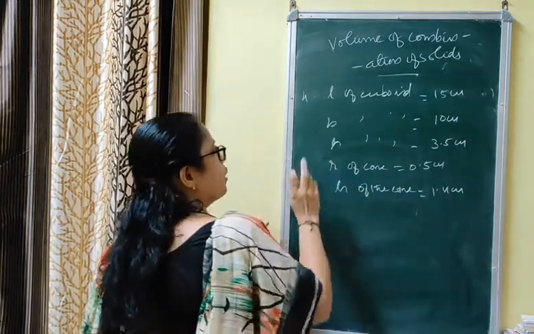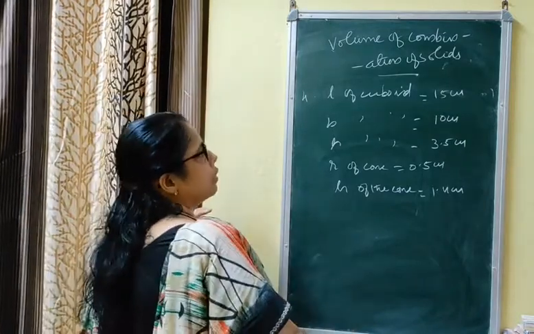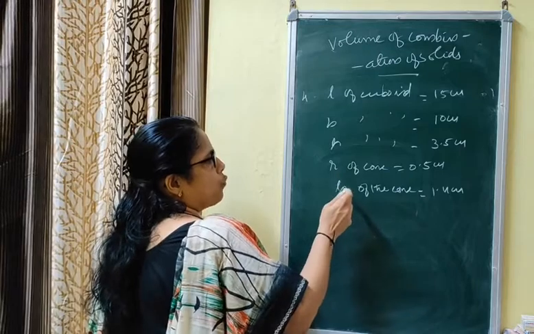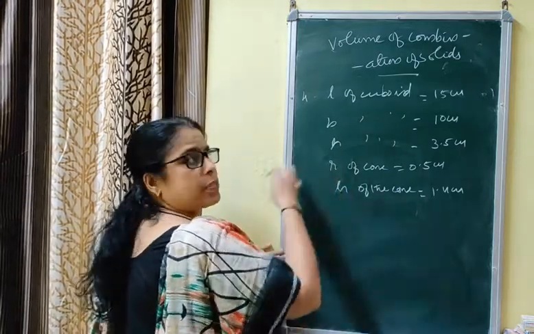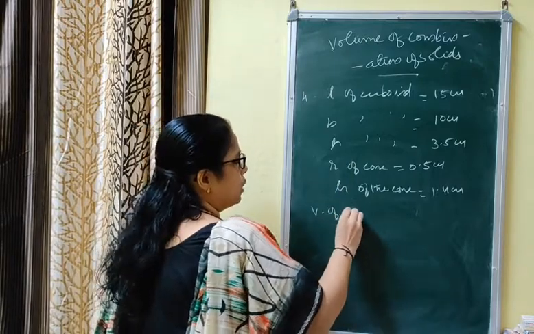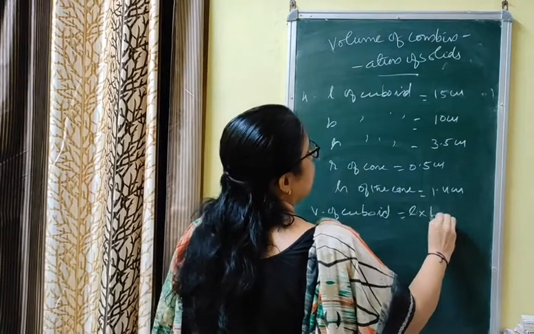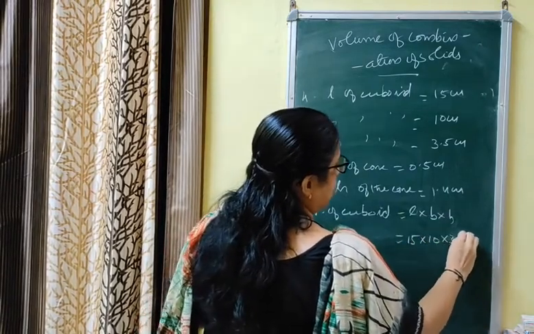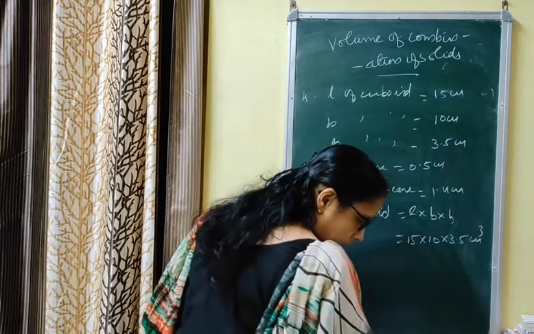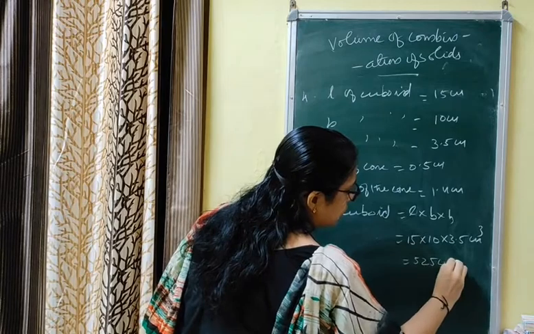Now we have to find the volume of the entire stand. That means we have to subtract the volume of 4 cones from the volume of the cuboid. Now this time I am doing it separately. Volume of cuboid. What is the volume of cuboid formula? That is L into B into H. That is 15 into 10 into 3.5 centimeter cube. If you multiply this, you will get 525 centimeter cube.